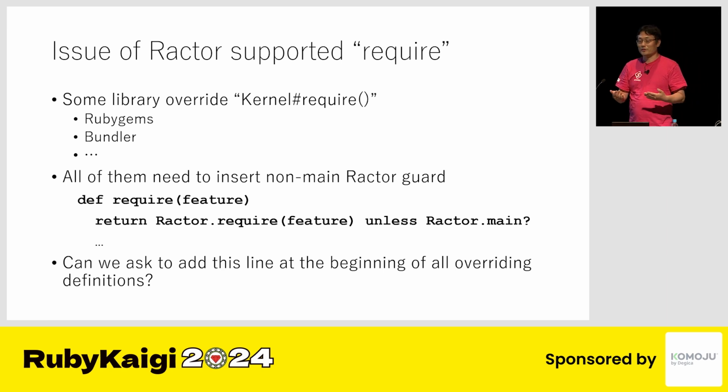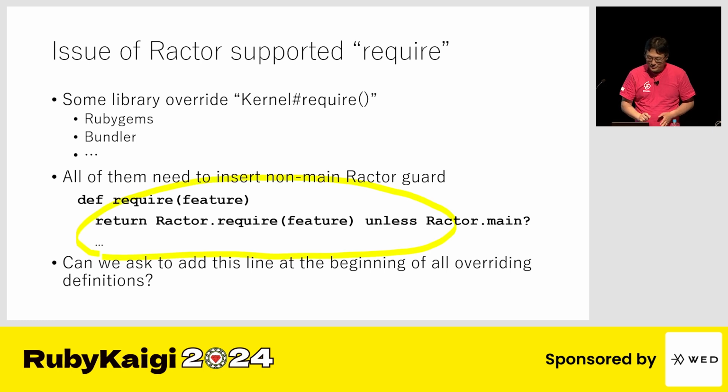The overriding method needs to call Ractor.require, this line. But I'm not sure we can ask all the authors overriding require to write this one line in their library's require definition.